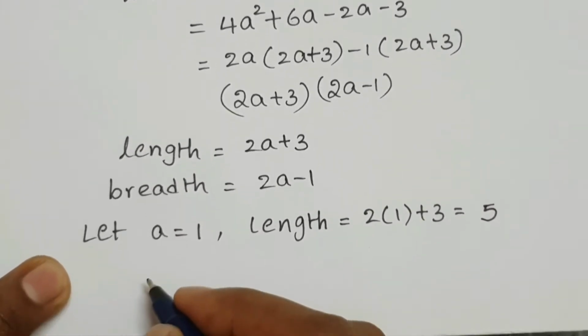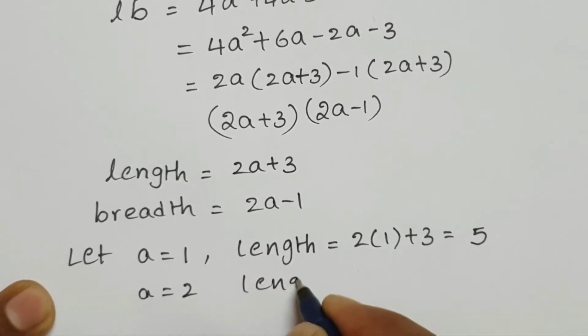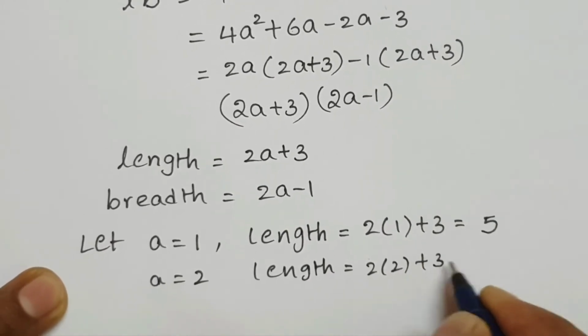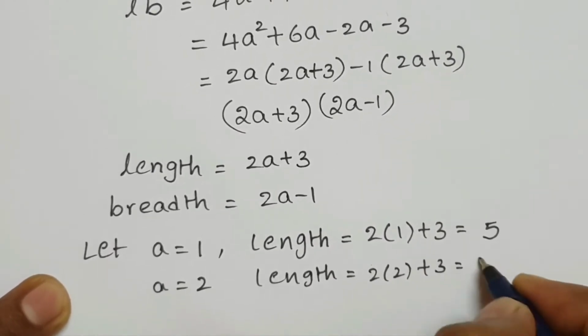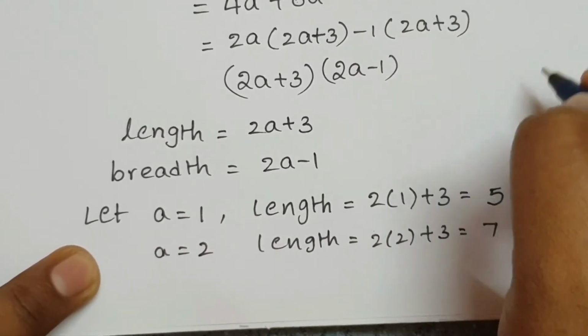Next, put a equal to 2. Then length equals 2 into 2 plus 3, 2 twos are 4, 4 plus 3 is 7. Like here, when a equals 1, find breadth also.